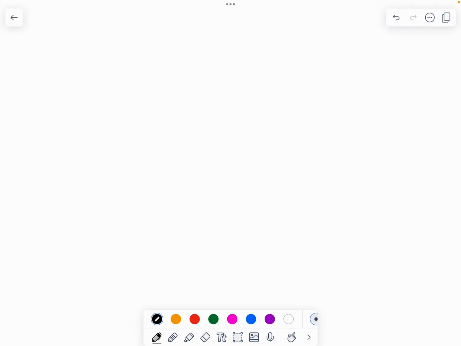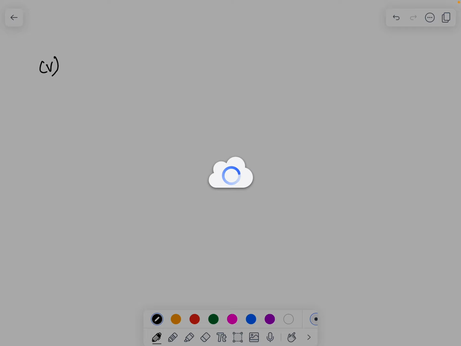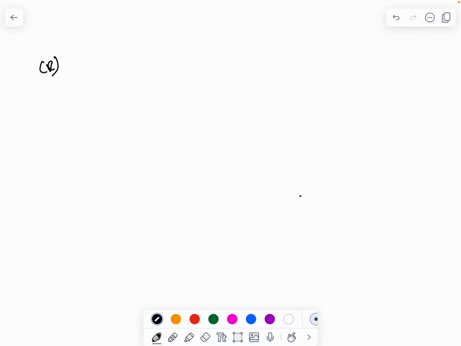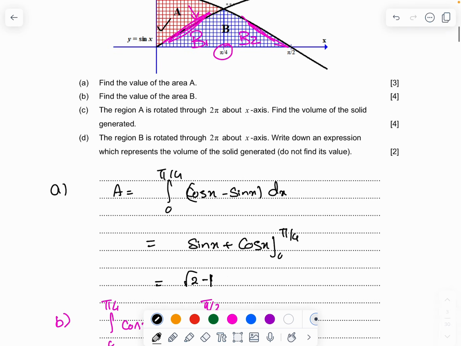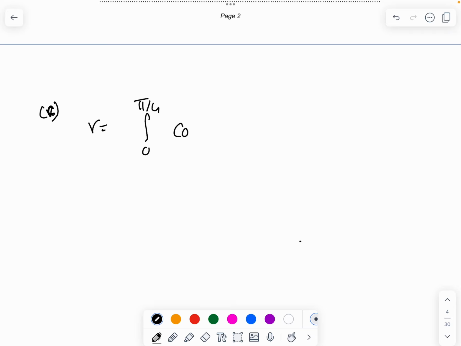Next, what is being asked? Volume is being asked. So for part C, volume is being asked. Volume is 0 to pi by 4 for volume A. Upper curve is cos x and lower curve is sin x. So cos square x minus sin square x dx.